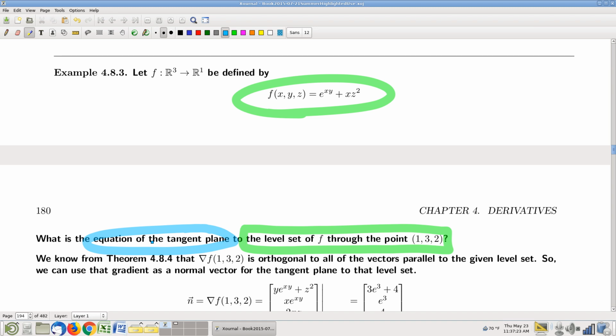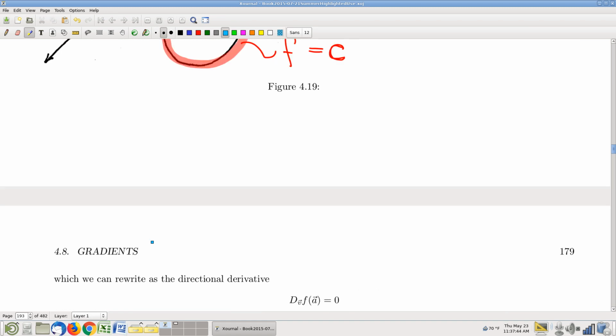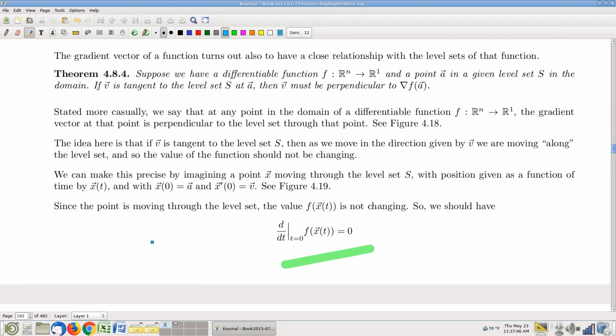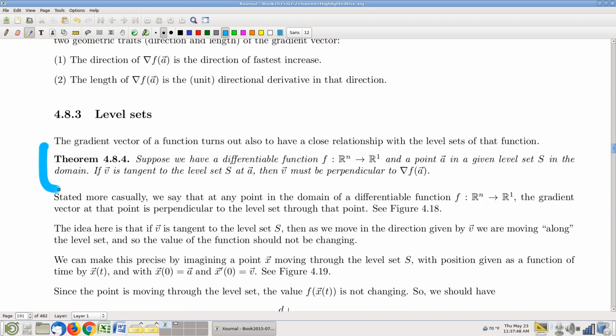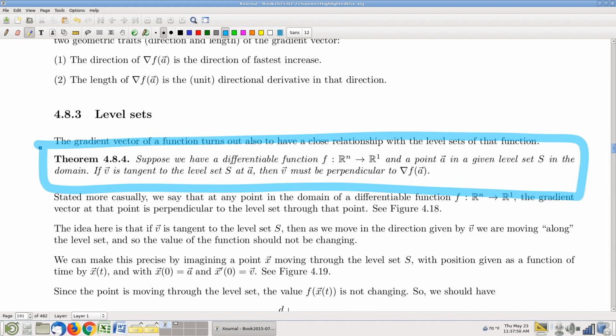All right. This is a situation where the calculus of level sets is super convenient. If you were going to try to take a point of view of calculus of graphs, you'd be in pretty big trouble here. You could make it work, but it's so much easier to do this with the calculus of level sets. Specifically, let's look at this theorem here. This is a theorem about the calculus of level sets.